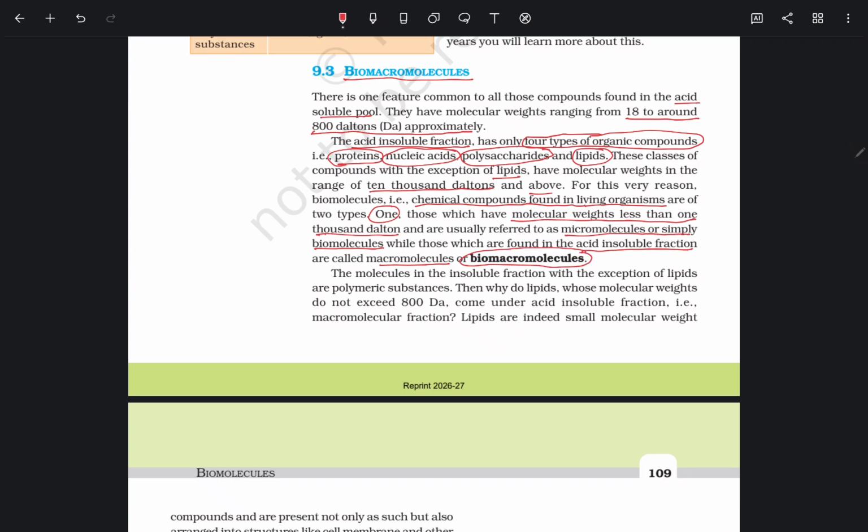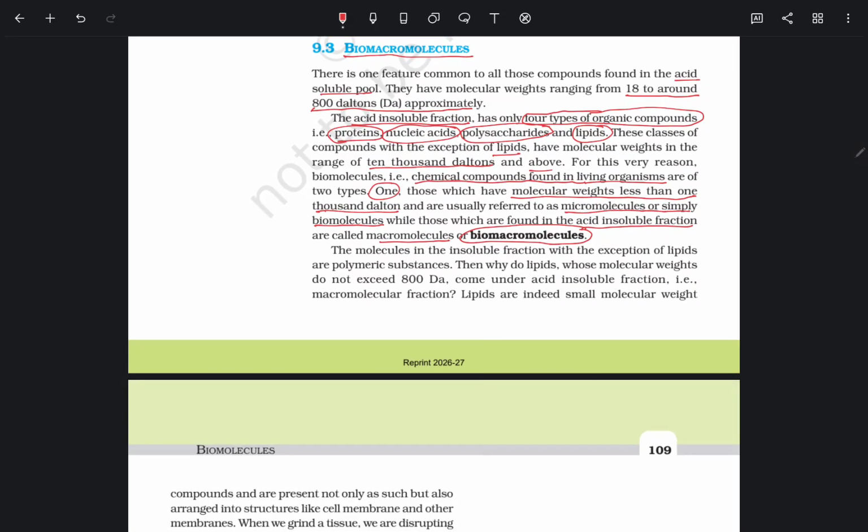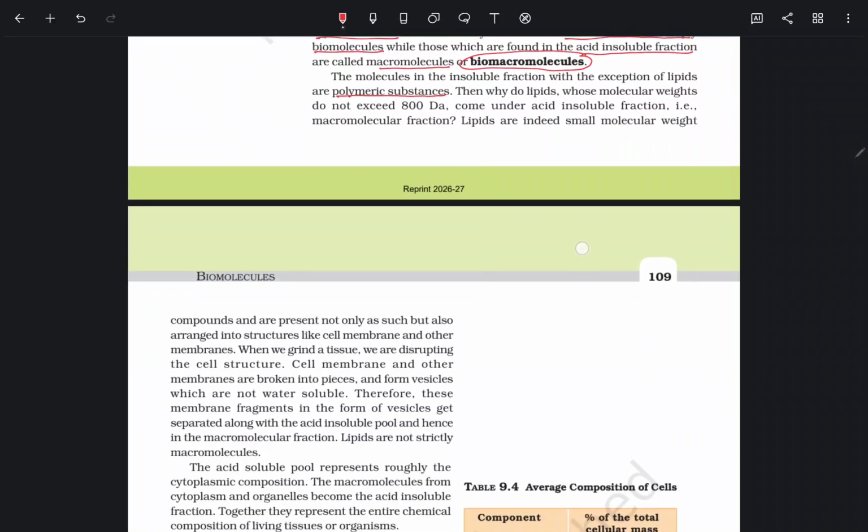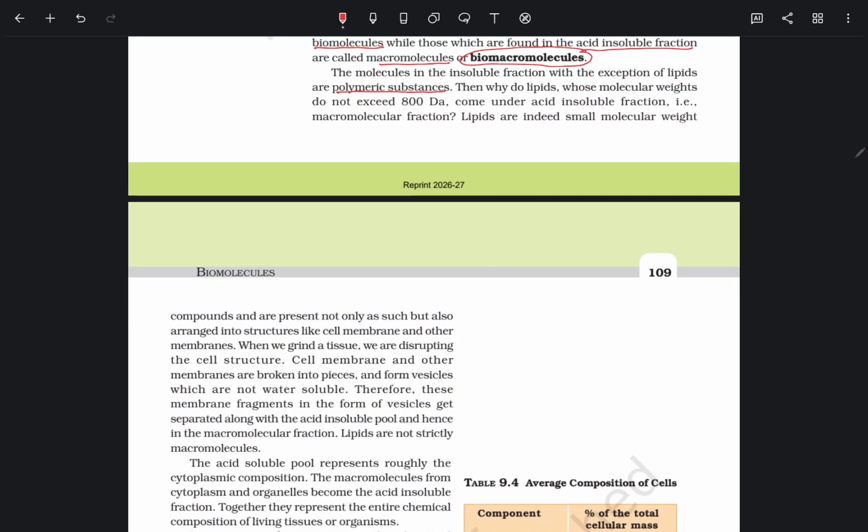The molecules in the insoluble fraction, with the exception of lipids, are polymeric substances. Then why do lipids, whose molecular weight does not exceed 800 Dalton, come under the acid insoluble fraction, not the micromolecular fraction?